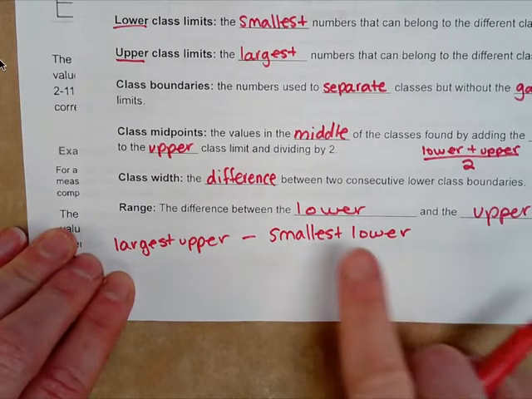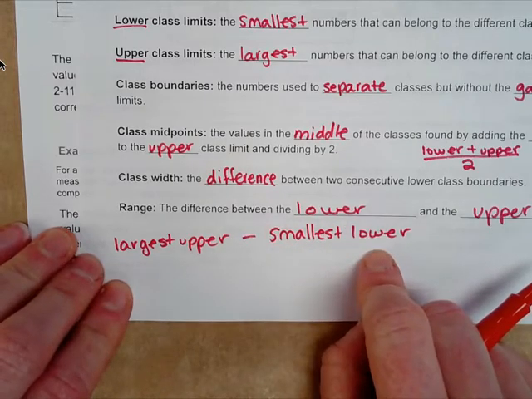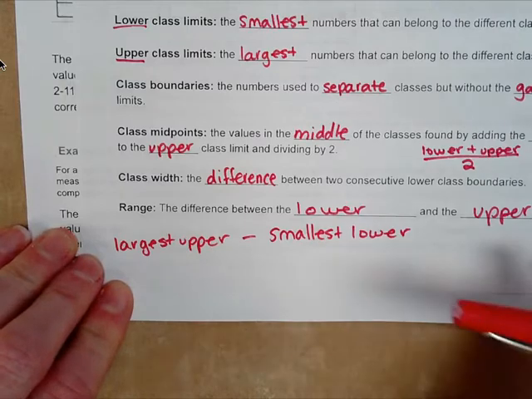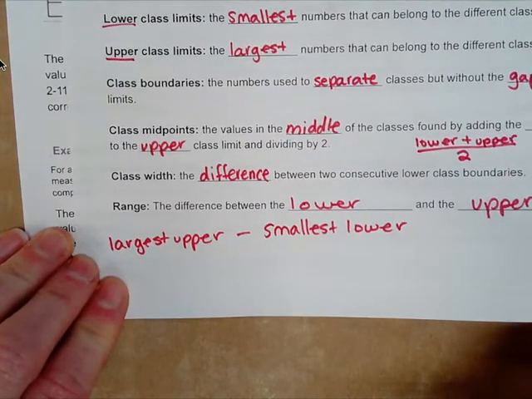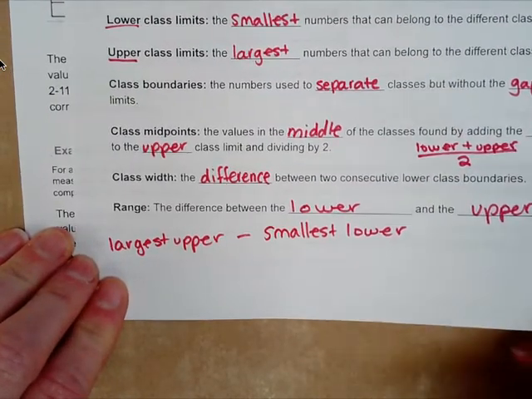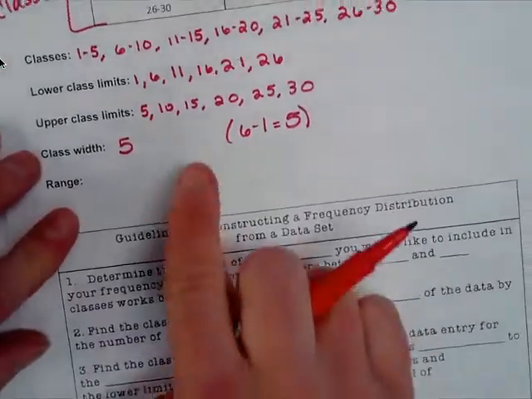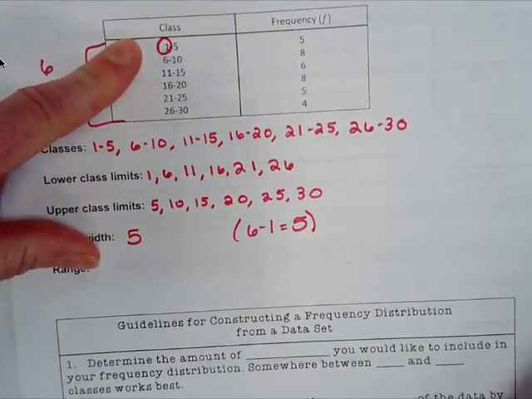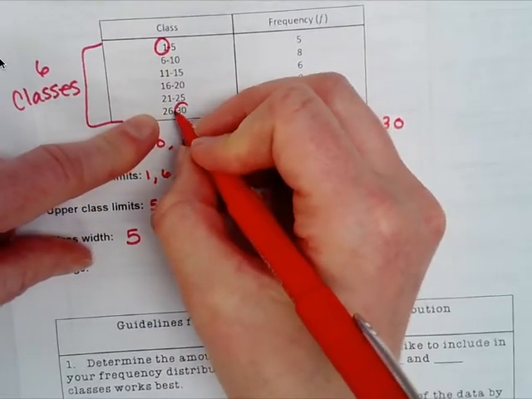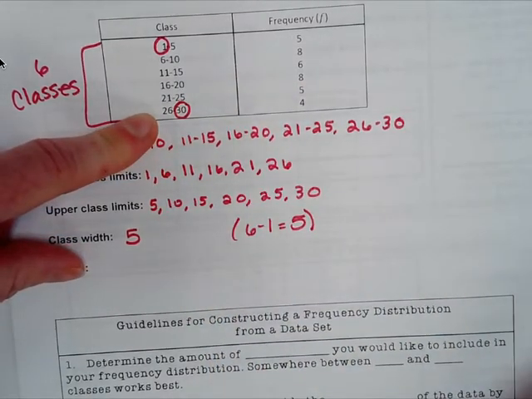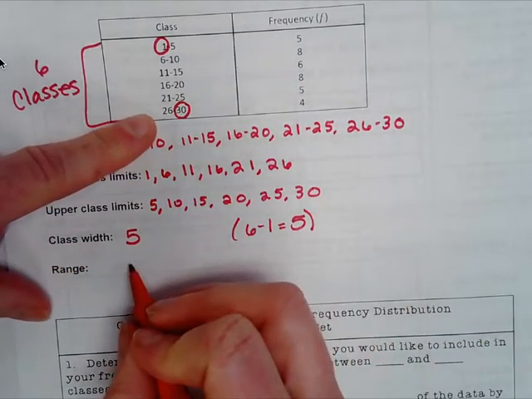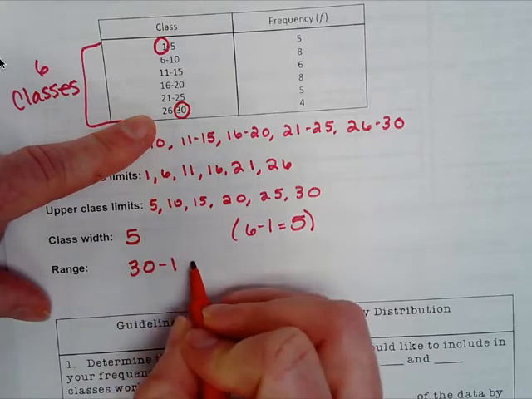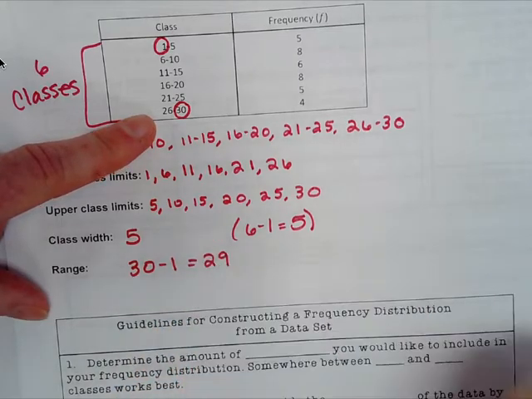Largest upper minus the smallest lower boundaries. So over here, this 1 is my smallest lower, and 30 is my largest upper. So for my range, I would do 30 minus 1, and that'll give us 29.